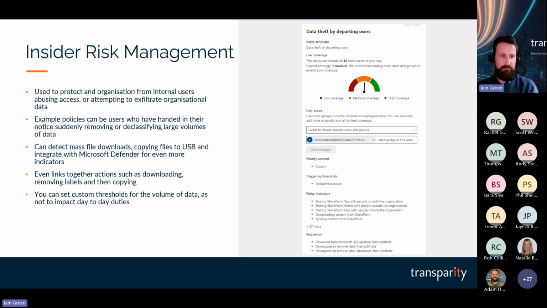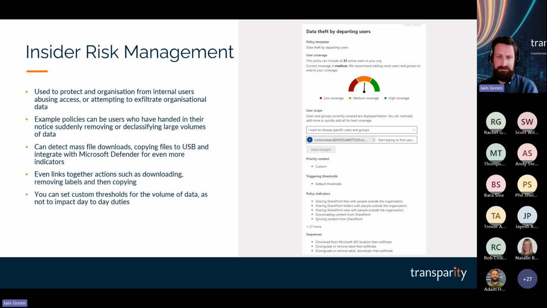This may be where someone has had an unusual amount of information downloaded, and then attempts to copy that off to a USB, or even suddenly prints quite a lot of sensitive information.